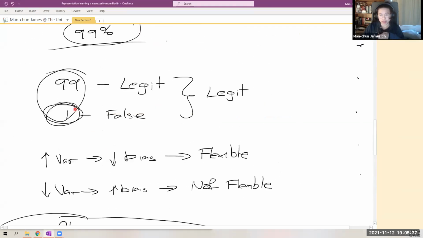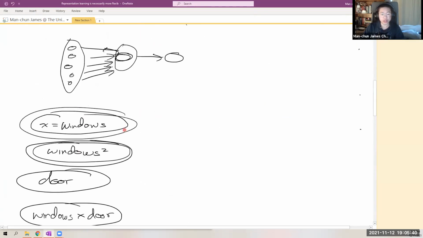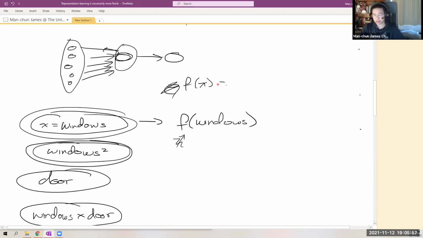Okay, so if we go back to here, we take windows and put the number of windows through a function. Let's make it simple: say the function of x is equal to the log of x.